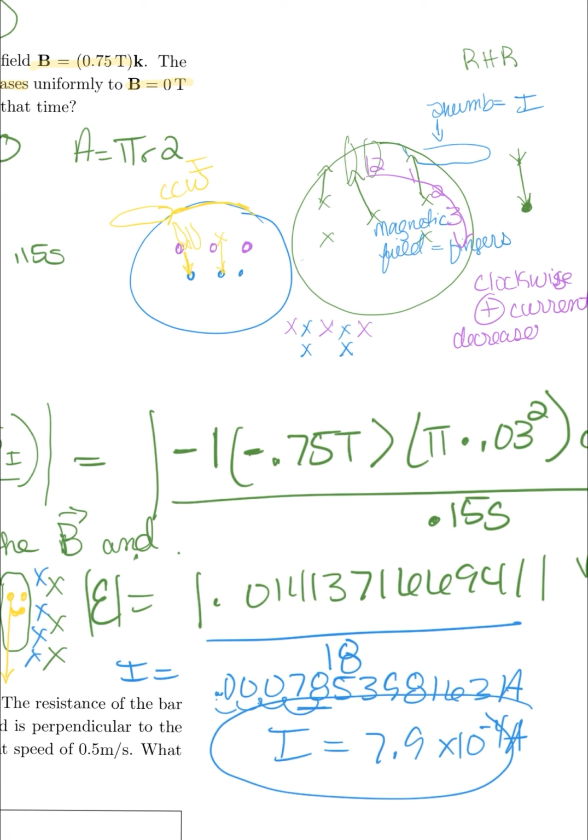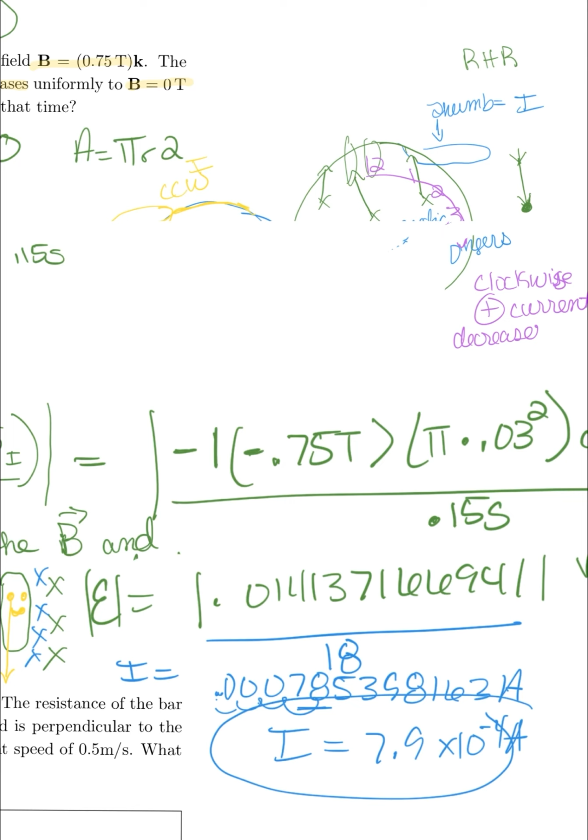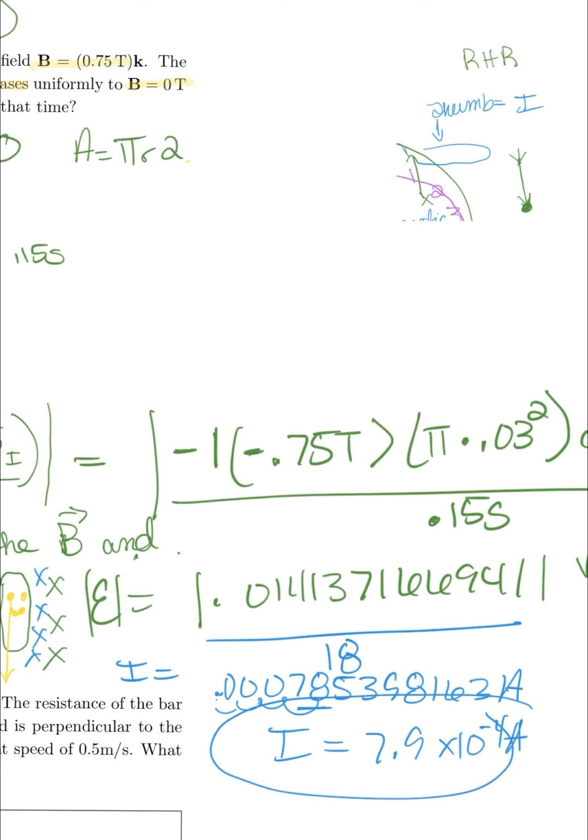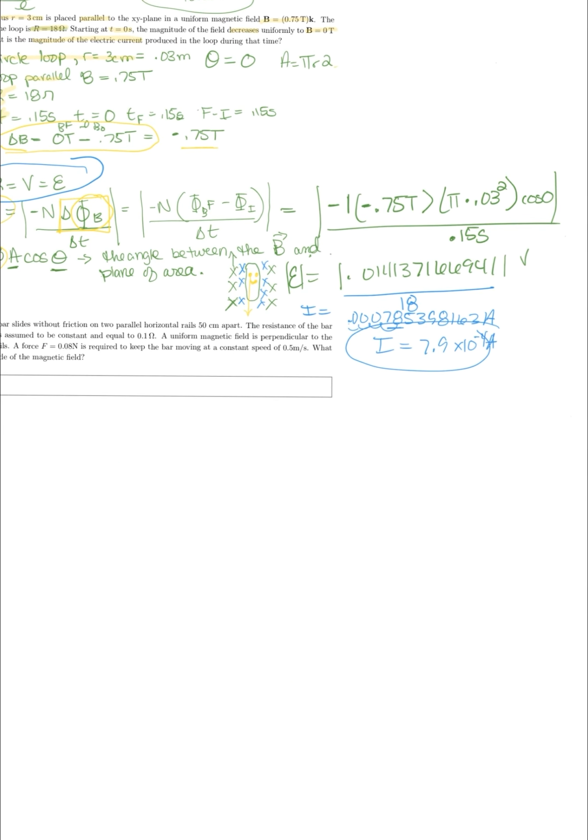So if the B field is getting stronger, it's going to produce an opposing B field with its induced current. And we'll see that in another problem, so I won't talk too much about it here. But that's all you're seeing, is that the induced current will create whatever current or whatever B field is necessary to try to keep things the way they are, to not change.